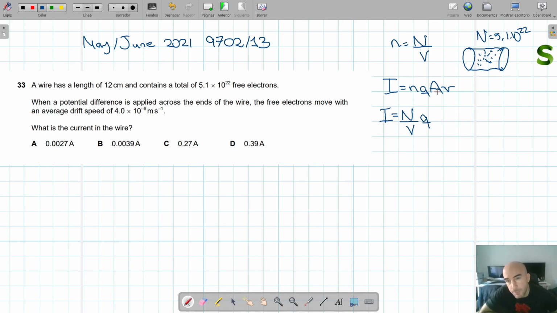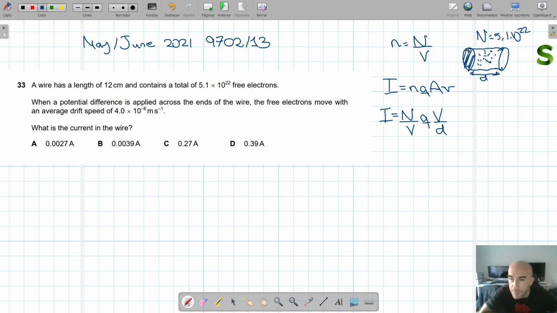But we're going to express the area as the volume divided by the distance, because the volume of this cable would be the cross-sectional area times this distance.